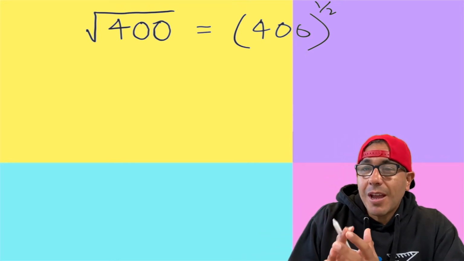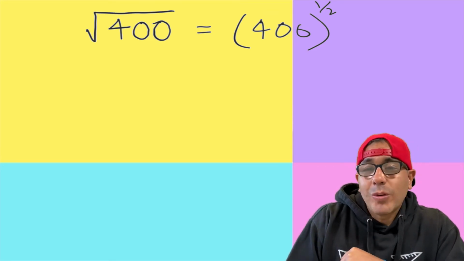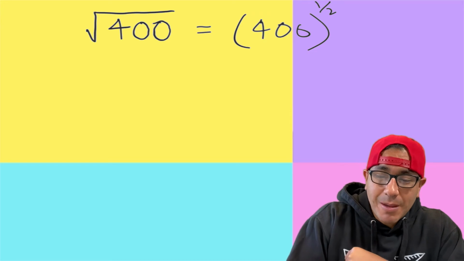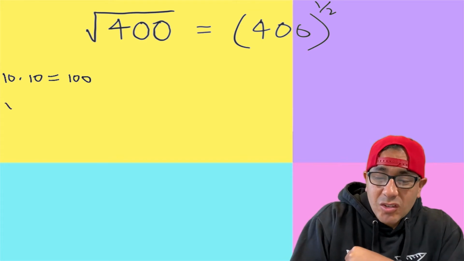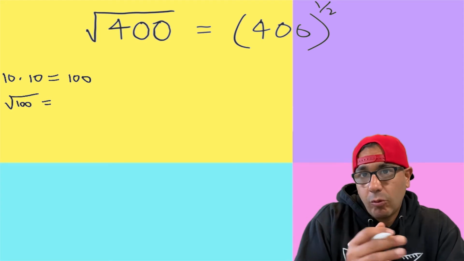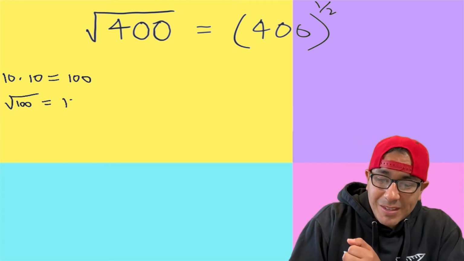And remember, when you're talking about the square root, you're looking at what number times itself will give you 400. So for example, 10 times 10 gives us 100. So when you take the square root of 100, we're going backwards. What number times itself gives you 100? Well, 10.